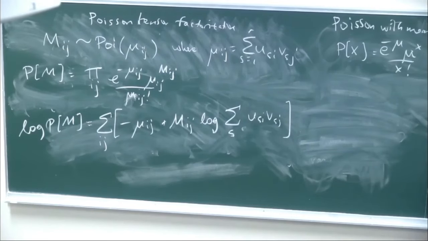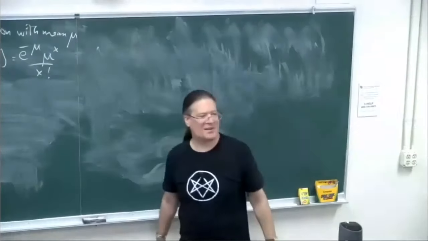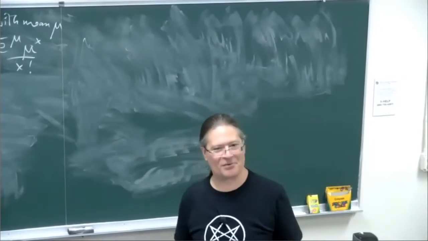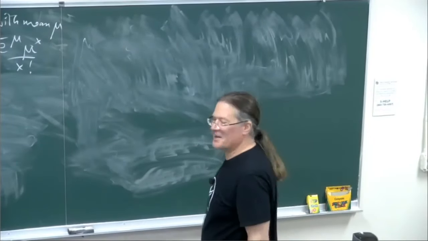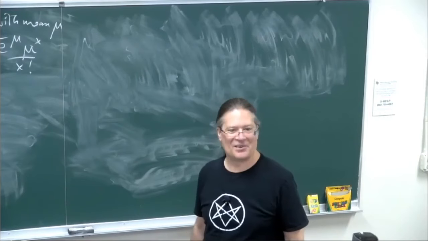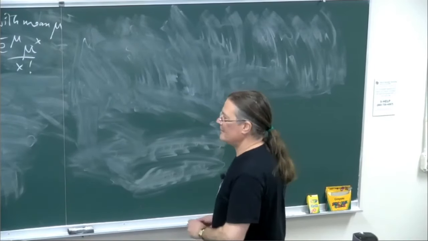So I want to show you something beautiful that you can do instead, which is called a variational trick. And I promised in my abstract that this is going to have something to do with statistical physics. And it kind of does. And tomorrow we'll have a bit more.